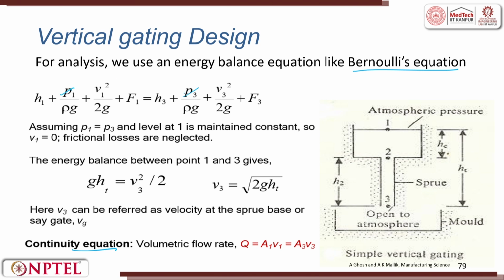So, P1, P3 goes away. V1 is also negligible, so that is also gone. So, now what you have is H1 plus F1 equal to H3 plus the other term plus F3, right.